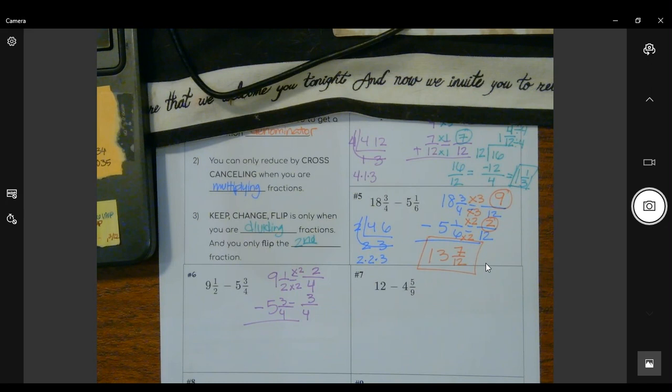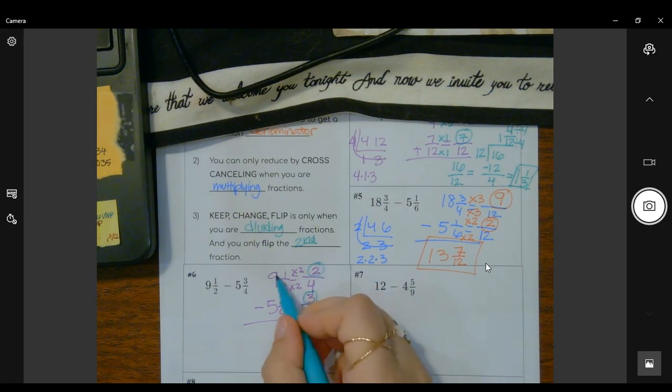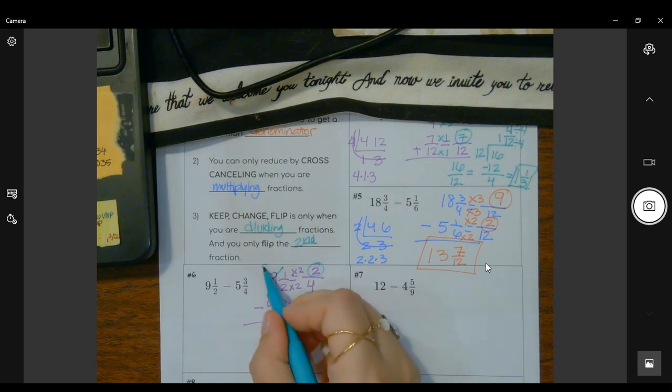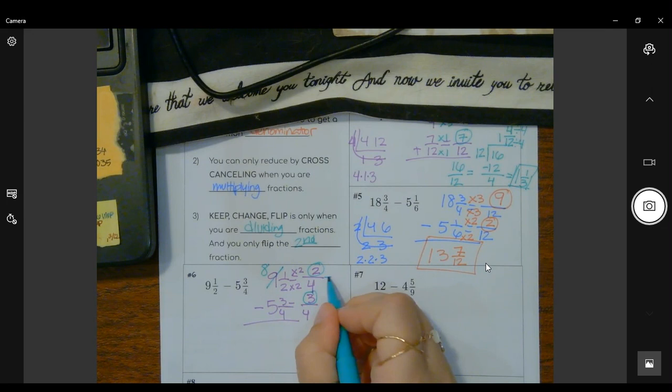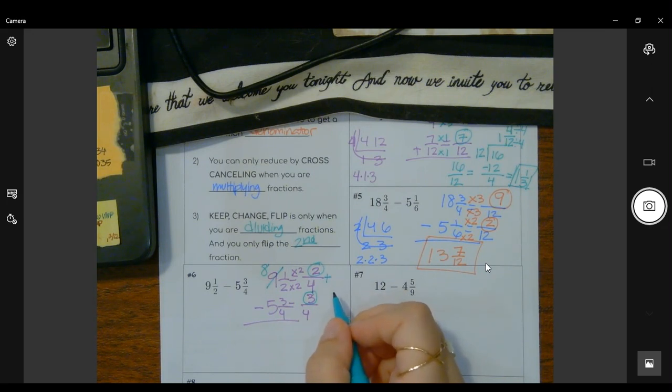Now the problem is that when you go to subtract these, you realize that you can't take 3 from 2. So I have to borrow from the whole number, so it becomes an 8 now, and I'm going to add 1 as a fraction of the same number over itself. Normally we just add 1, but I want it in fraction form.